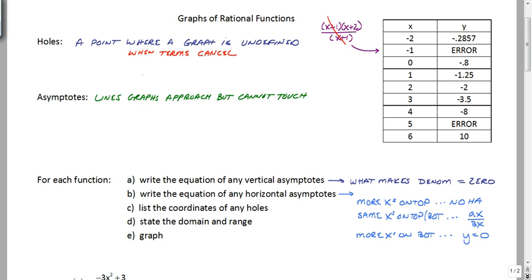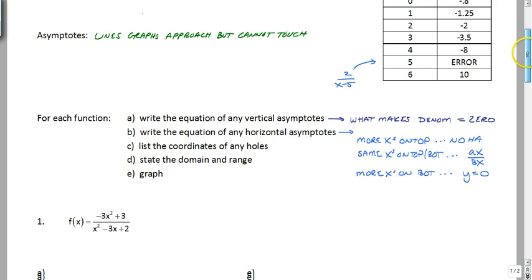Now another example of an error could be your vertical asymptote. So if we had something that looked like 2 over x minus 5, we know x is not allowed to be 5 in a denominator, so that would be another reason for you to have an error in your graphing calculator, which is pretty nice because it'll help you identify when something crazy is going to happen. So, let's get working.